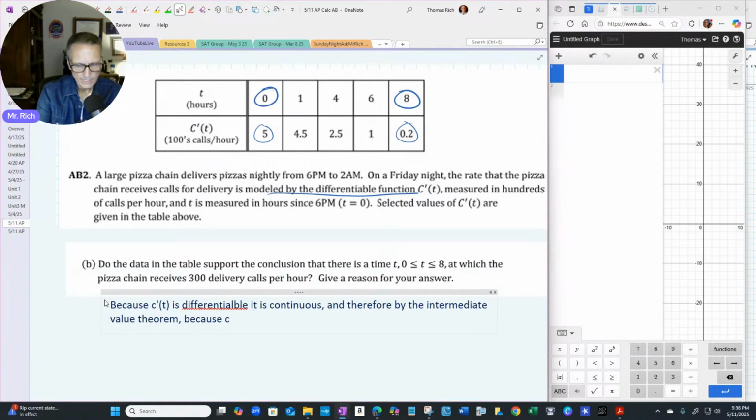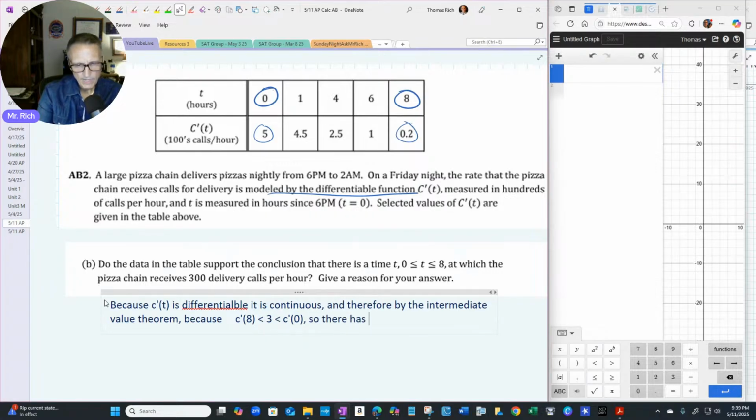And therefore, by the intermediate value theorem, what we're going to say is that C prime of 8, and in between is 3, right? We're looking for 300. So C prime of 8 is less than 3, which is less than C prime of 0.